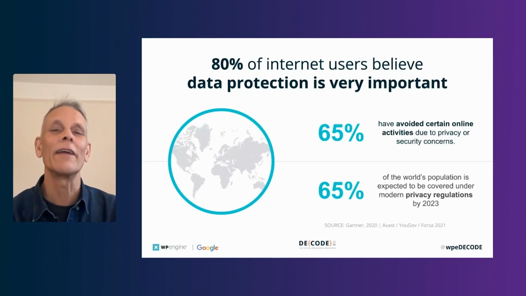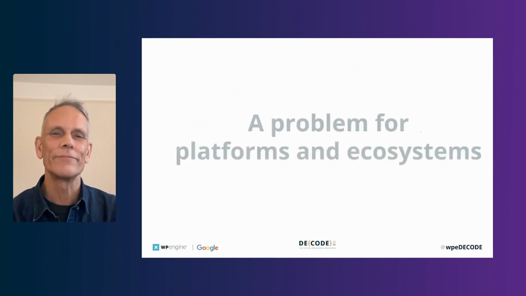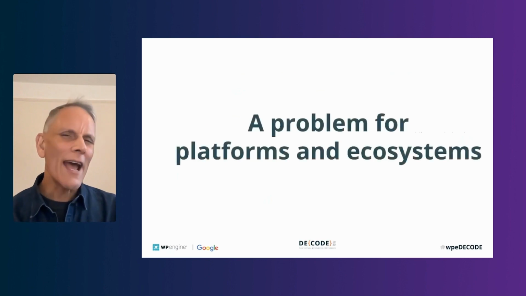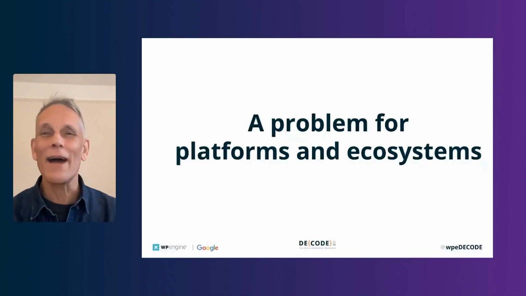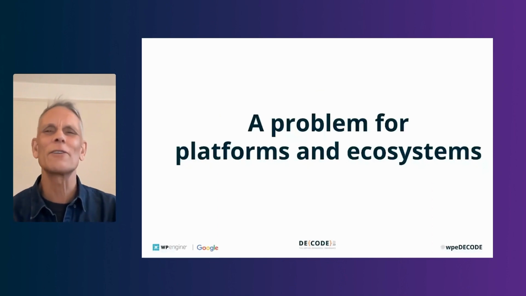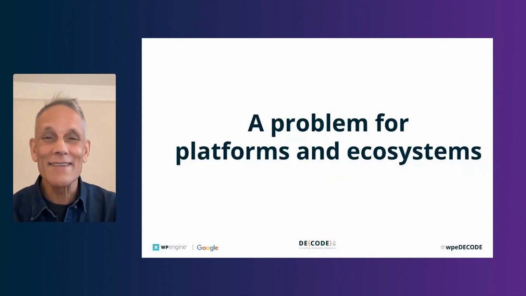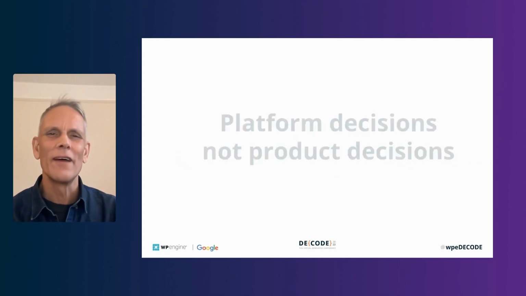And this is happening really quickly. So, given how many businesses rely on effective advertising online and how many publishers rely on advertising to monetize their sites and a whole bunch of other use cases, this is a problem for the whole web ecosystem and not just for tech companies and ad platforms.